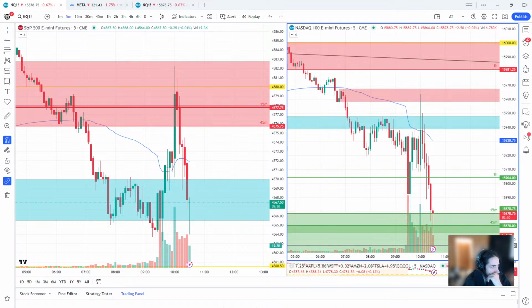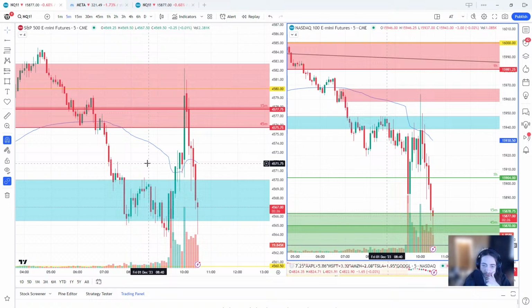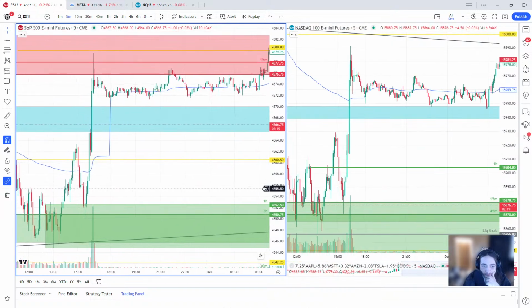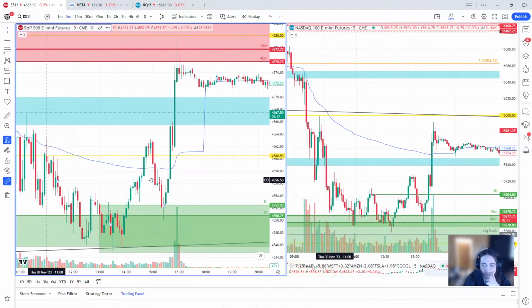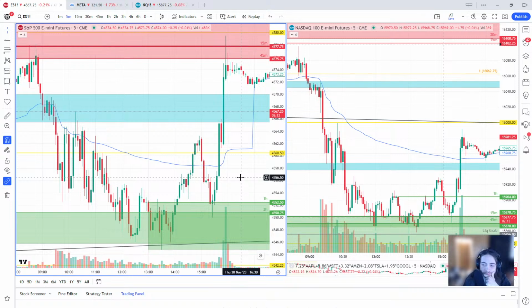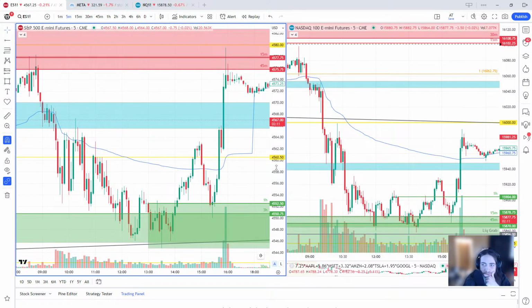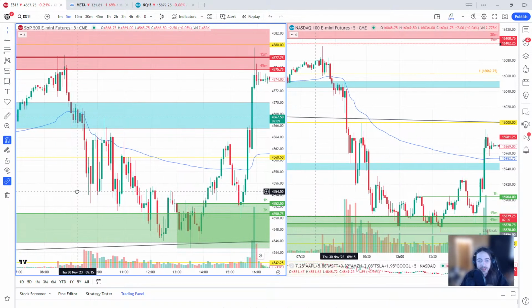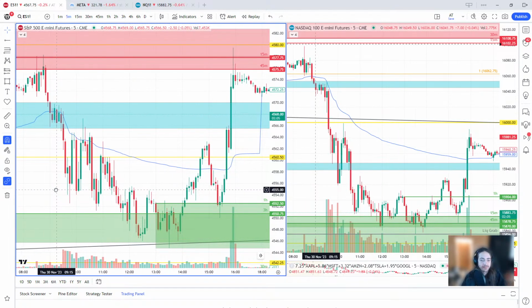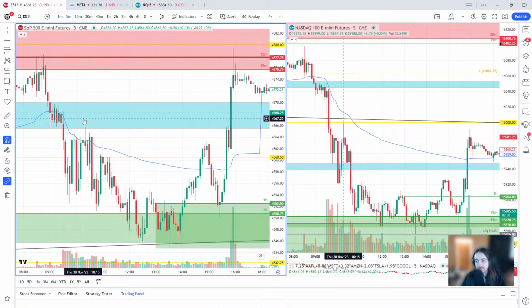There was huge divergence between the two yesterday, no? Nasdaq's been way weaker. Yesterday? Let's see. Between the morning highs and then the afternoon highs.